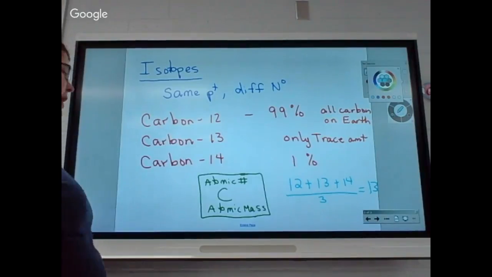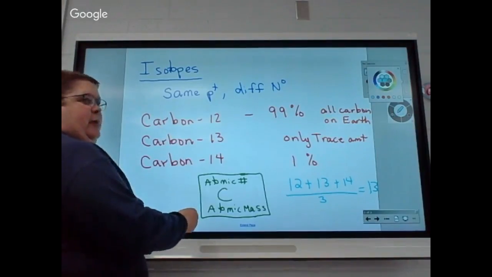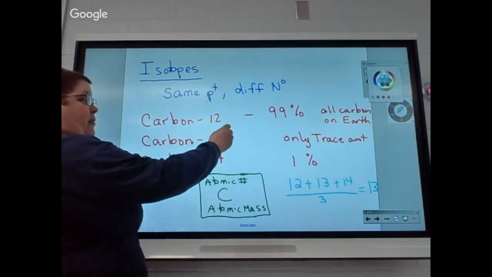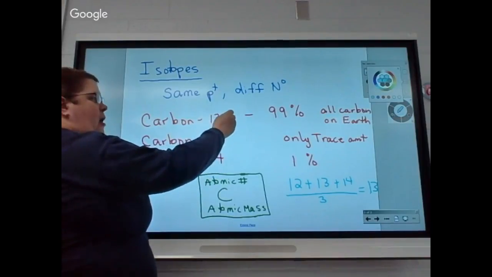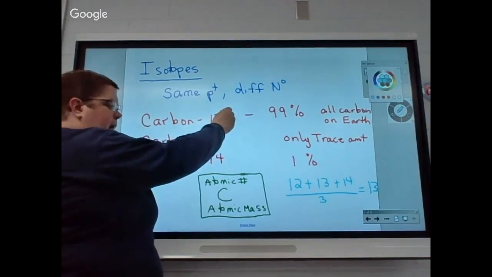No. So when we average the atomic mass that goes on the periodic table, does carbon have the same weighted percentage as carbon-12? No, it does not.